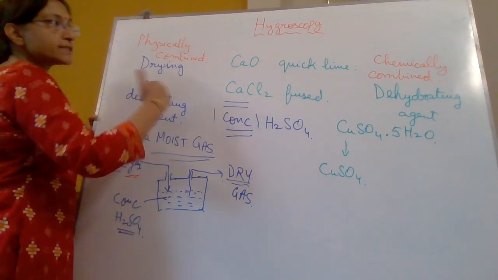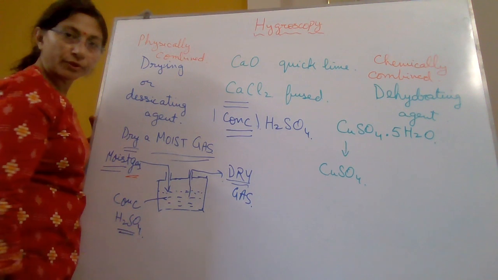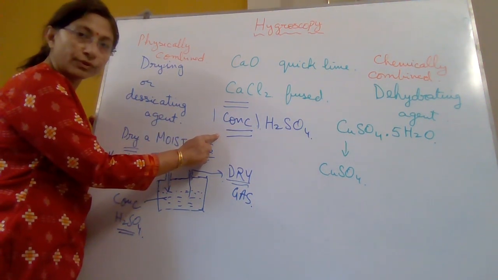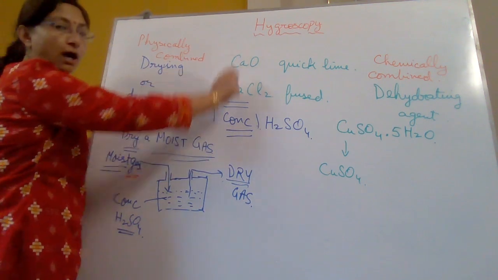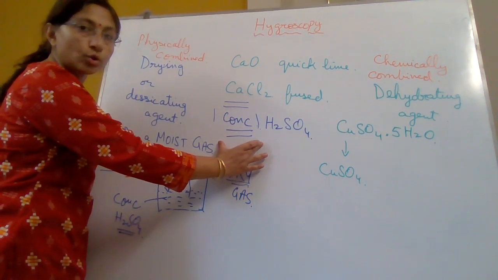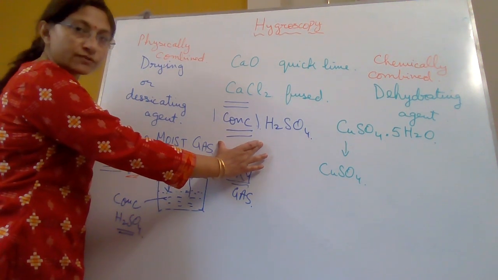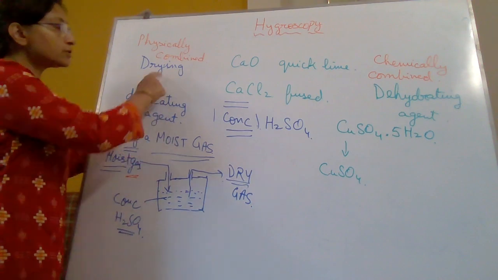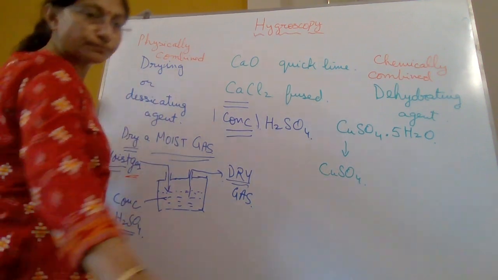All this is happening because of one property of the substance used here, concentrated sulfuric acid, which is hygroscopy. Since concentrated H2SO4 is hygroscopic in nature, that is why we are using it as both the dehydrating and the drying agent.